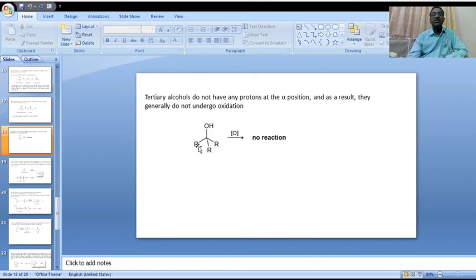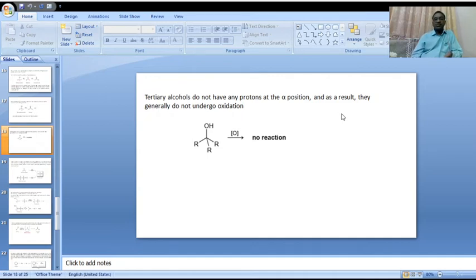Alkyls are attached to the alpha carbon. There are no protons at the alpha position. Is it clear? And as a result, they generally do not undergo oxidation.